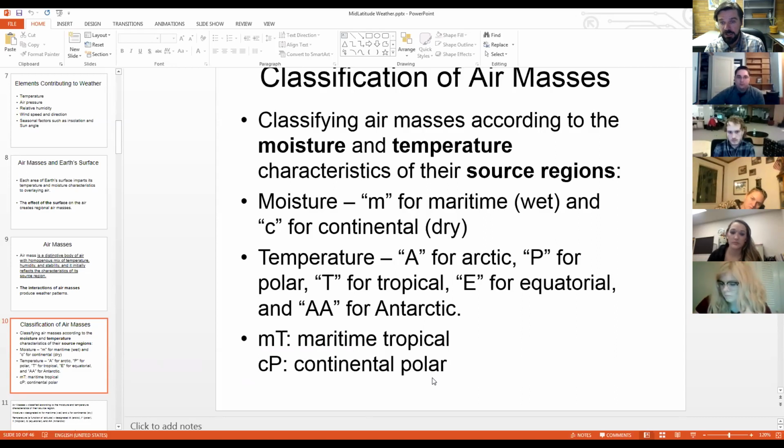And then temperature are these following ones: A for Arctic, P for polar, T for tropical, and then equatorial, which means literally right around the equatorial region, plus or minus, say, 10 degrees, whereas the tropical would be up to 20 degrees, 23.5 degrees. And so then you combine the moisture and temperature to actually get the classifications, like mT, maritime tropical, or cP, continental polar.